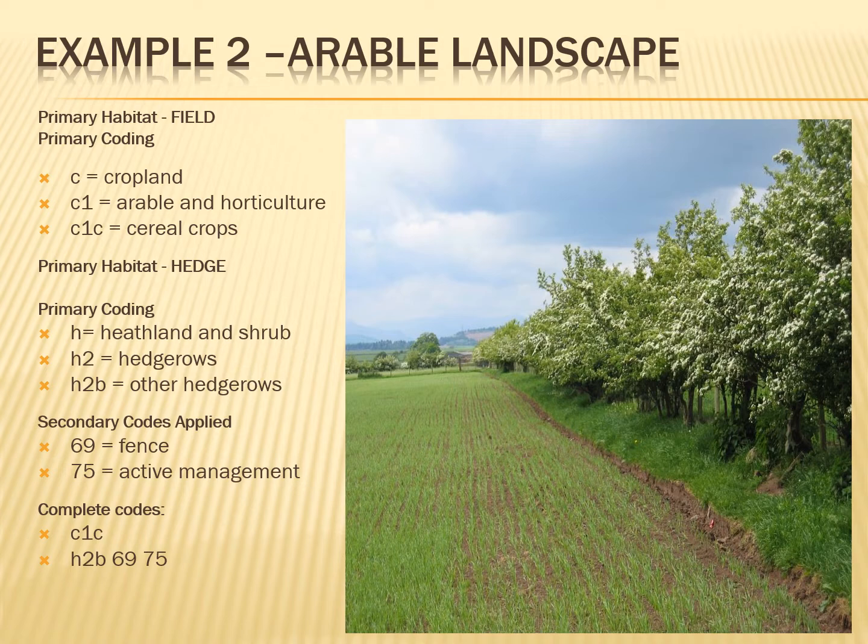H2A would be a species-rich hedgerow. And then there are some secondary codes applied. 69 is fence around it, and 75, it's being actively managed. And then the complete code is shown at the bottom.